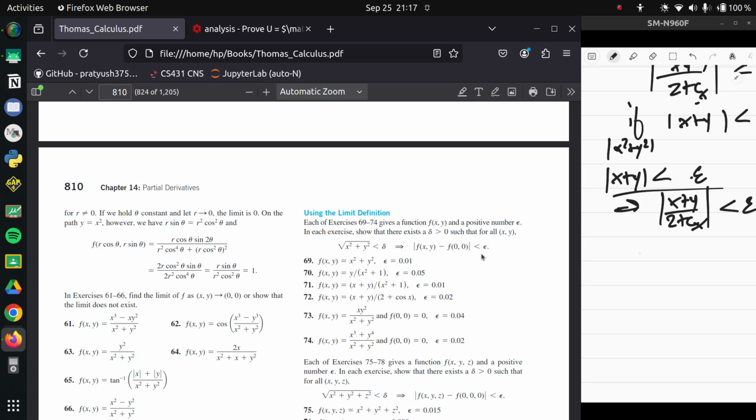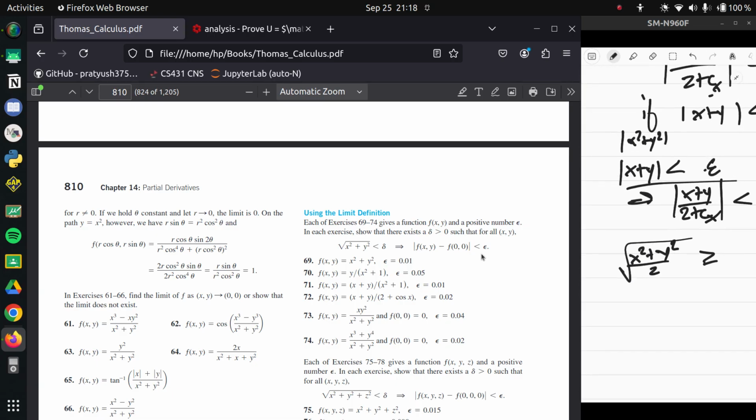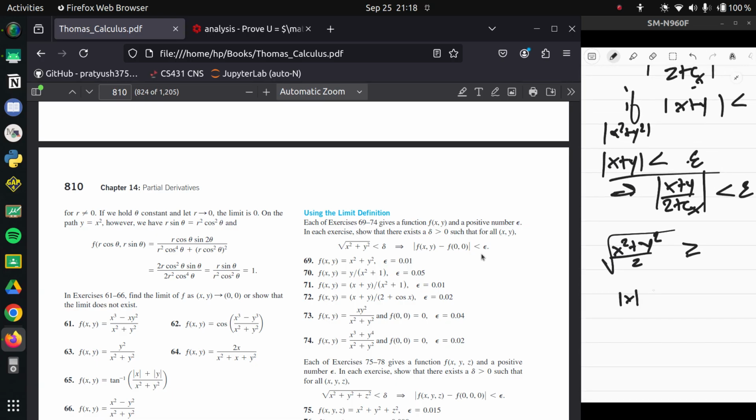We should probably just do the RMS bigger than or equal to, so just x plus y square. Root mean square is bigger than or equal to... basically if this happens, then this happens automatically, but for this to happen you can set another stronger condition.